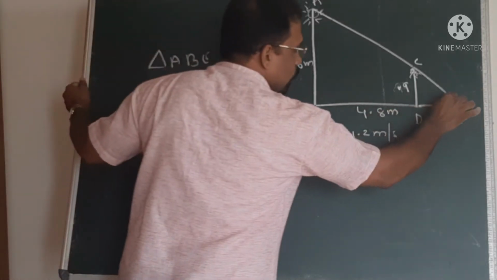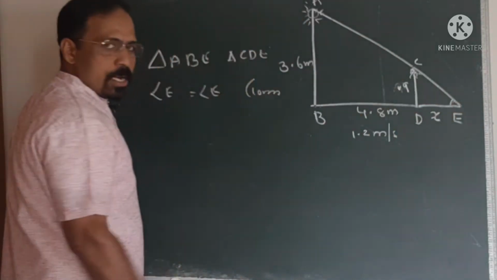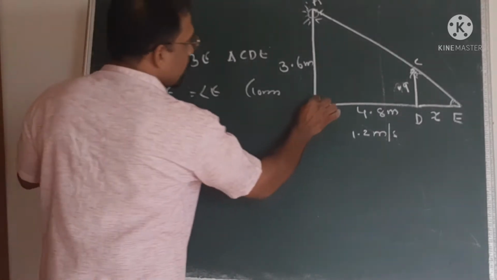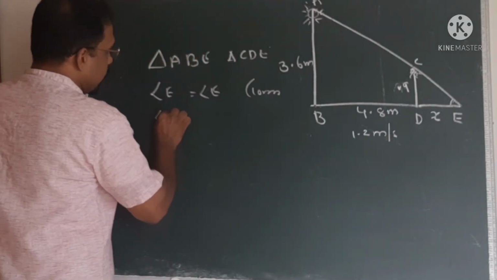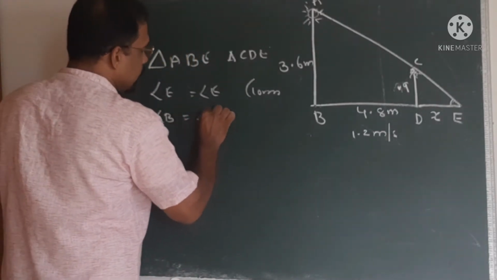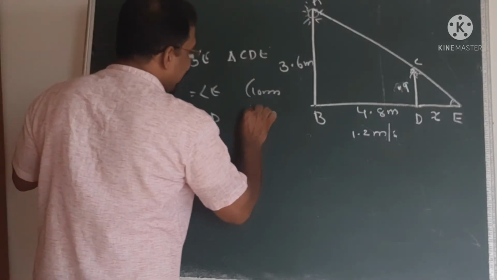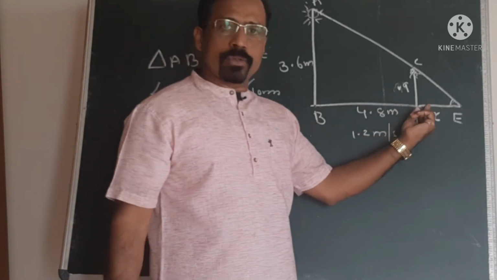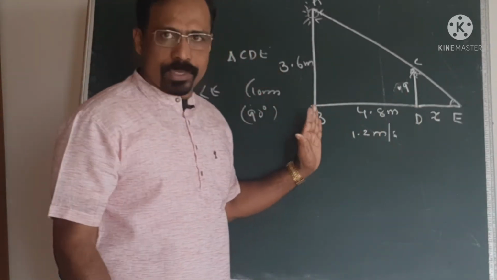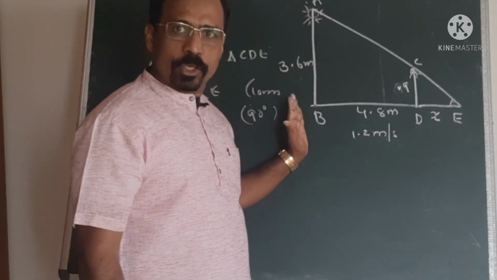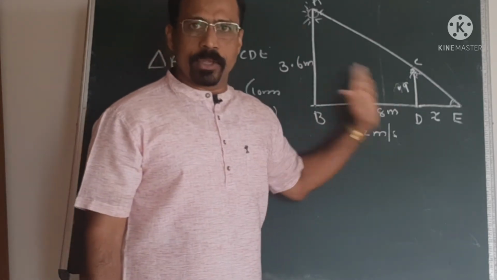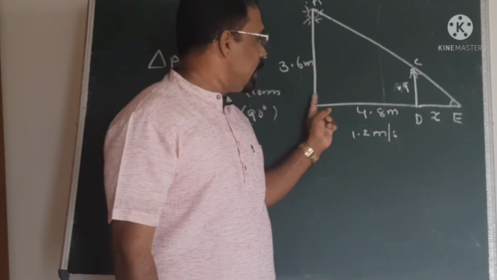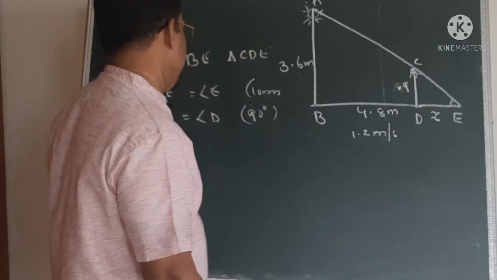This angle E is common to both the triangles. Now angle B is equal to angle D because both are 90 degree. The lamp post is standing at 90 degree to the ground and she is also standing on the ground. So angle B is equal to angle D.